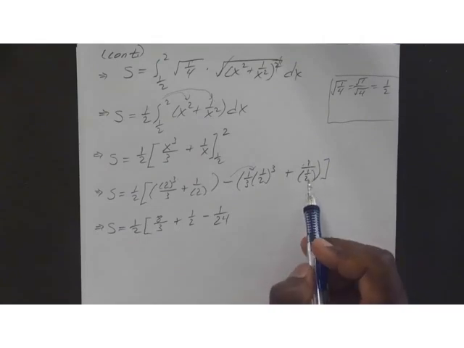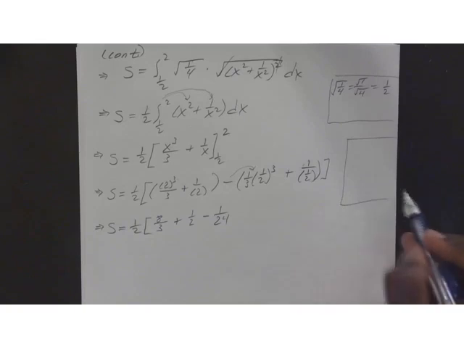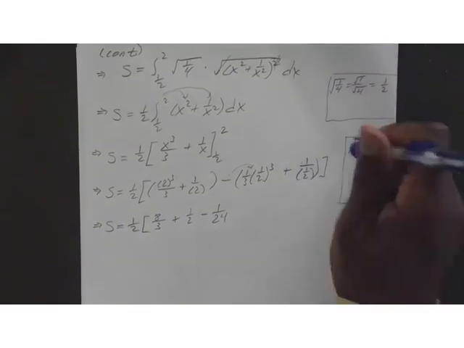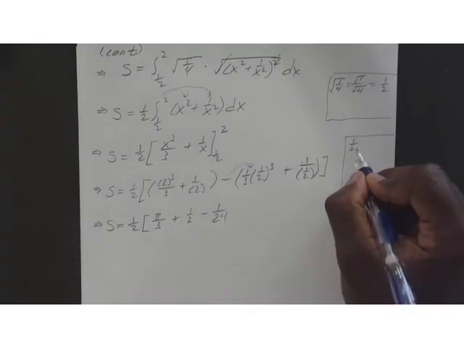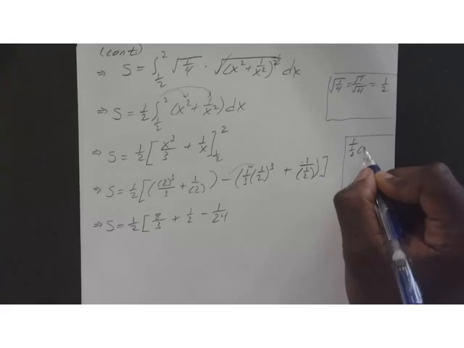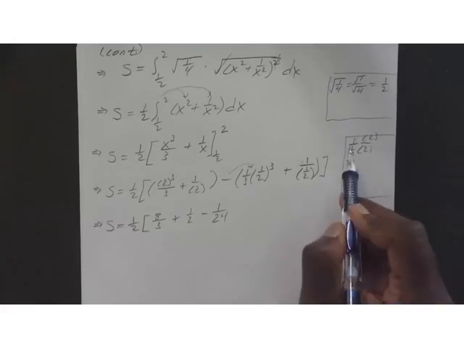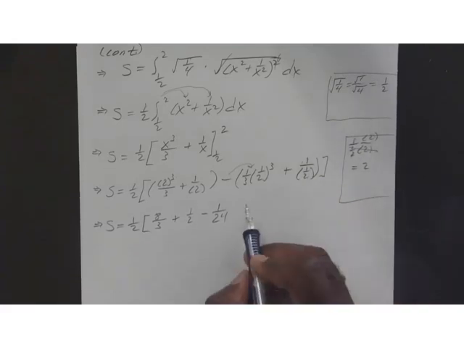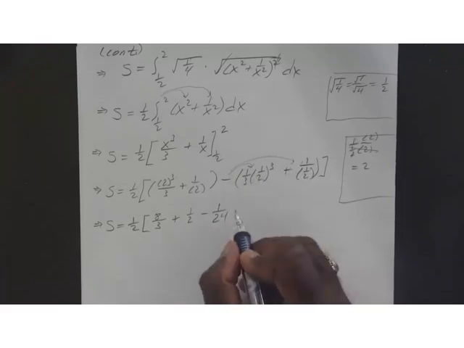And 1 divided by 1/2 is just 2. Because if you take 1 divided by 1/2, and you multiply it by 2/2, 1/2 times 2 is 1, so you end up with 2/1, which is just 2. So if we distribute that, it ends up being -2.